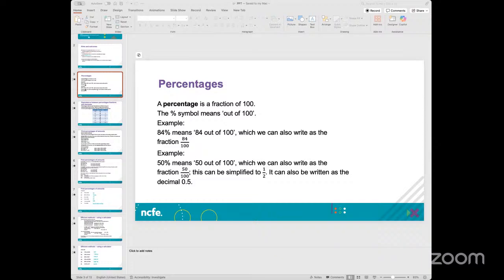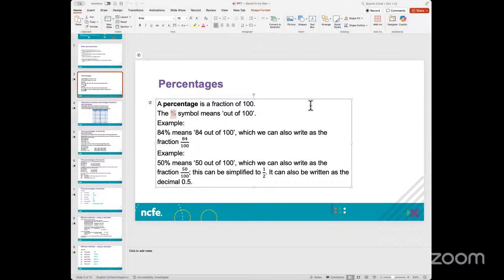When we talk about amounts, volume, quantity in the case of percent, that means part of 100. This is the percentage symbol, which means out of.